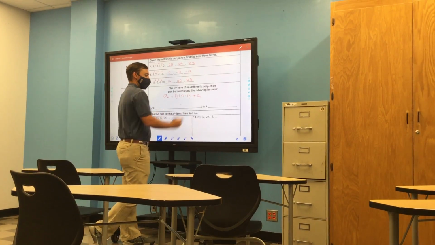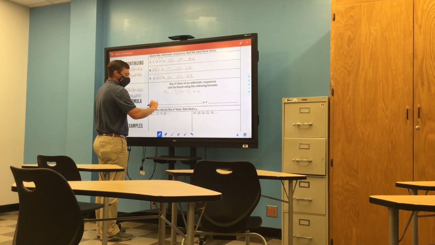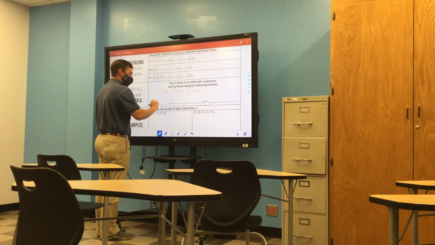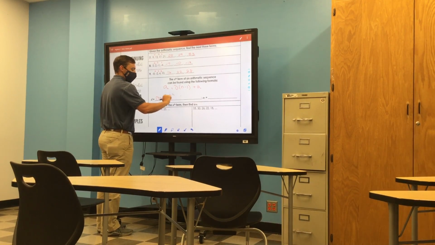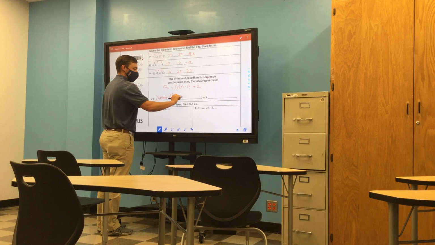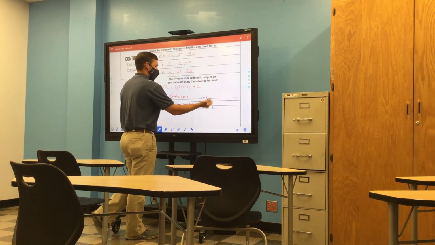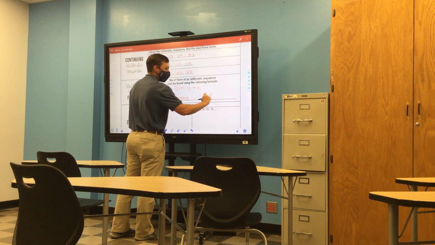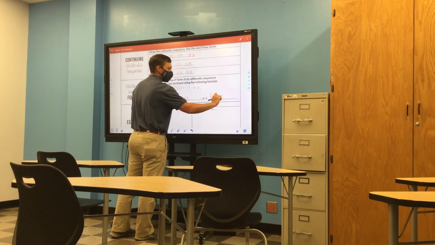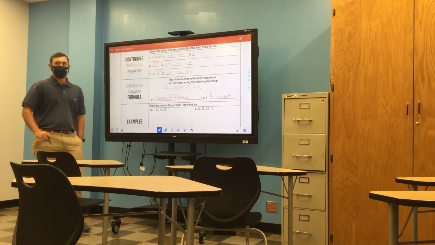So d is equal to your common difference. Write this down. If you don't have this formula, you're going to struggle. And then a1 is your first term, whatever that very first number is.